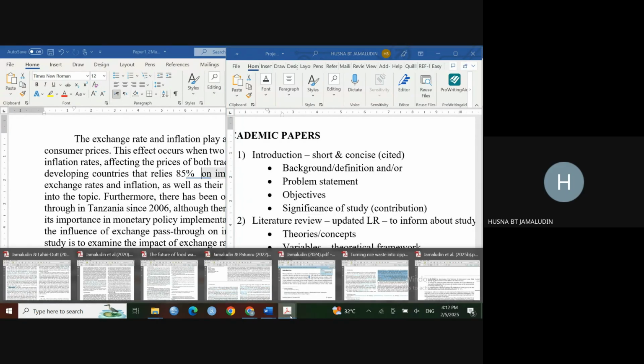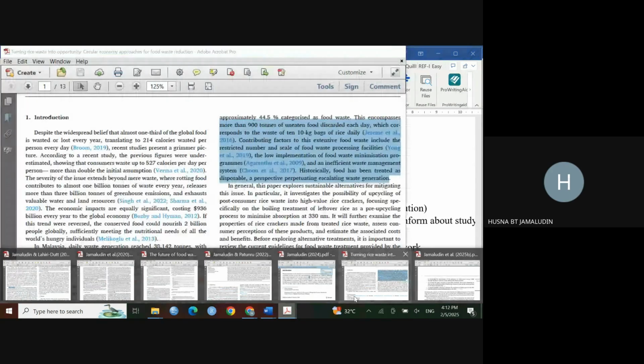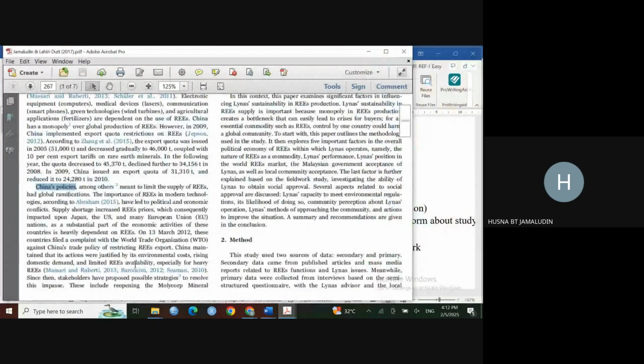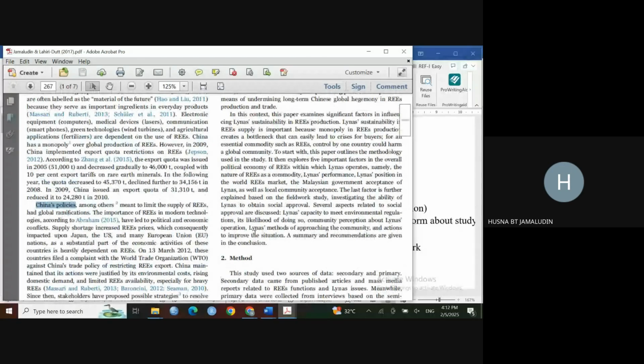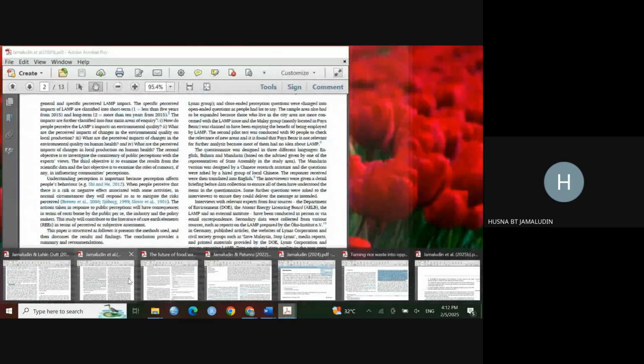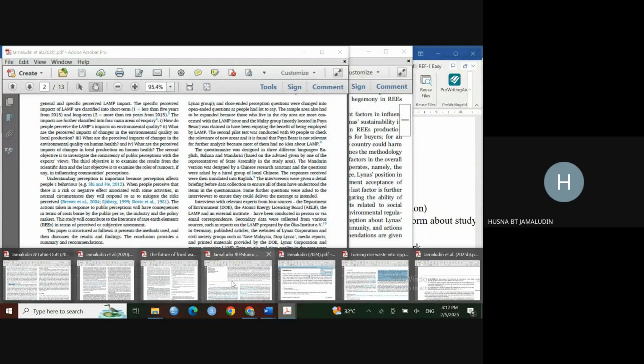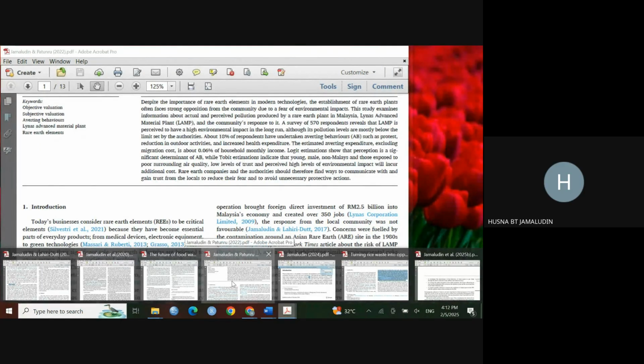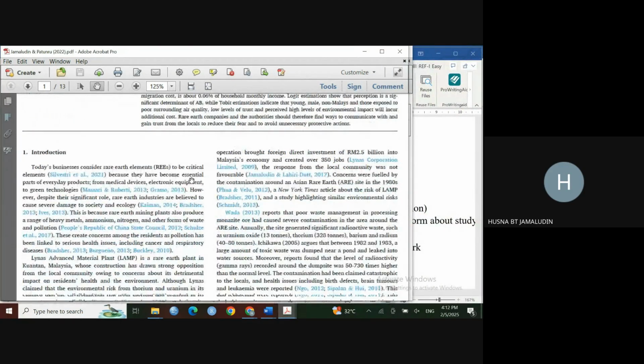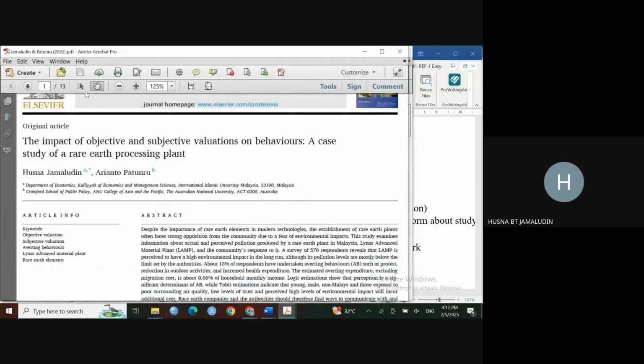Let me give you an example. Let me see. This is the method. Significance of your study. What is this? This topic is about the impacts of objective and subjective valuation. Objective means actual, scientific data, and subjective means perception data, on behavior.